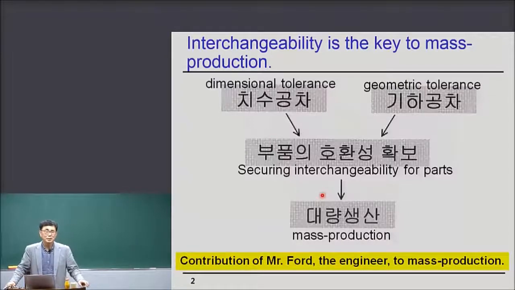Which is represented by the IT class. IT is the international tolerance class, right? So the higher the number of the IT class, the poorer the accuracy, okay? If the number of the IT class is lower and lower, the accuracy becomes very, very tight, right?